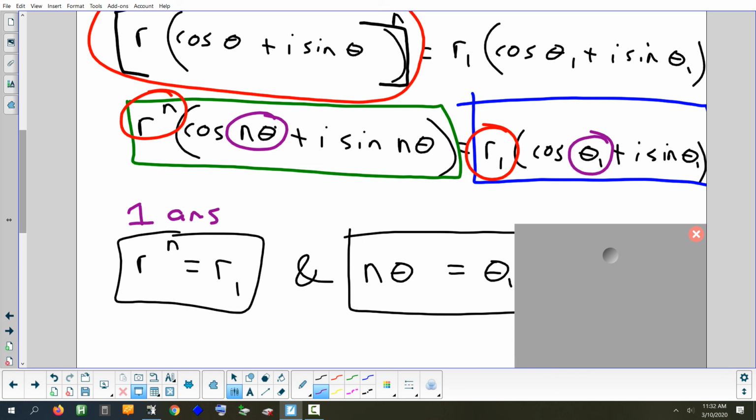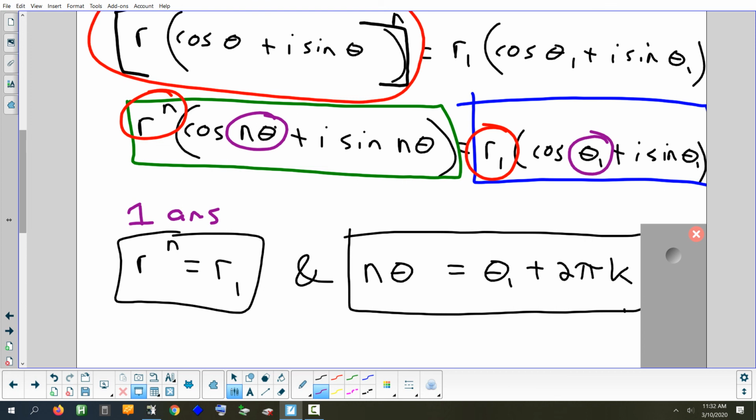So think of sine and cosine. What's the period of sine and cosine? 180? That would be for tangent. Pi over 2? That's 90. No. 2 pi. The period of sine and cosine is 2 pi.